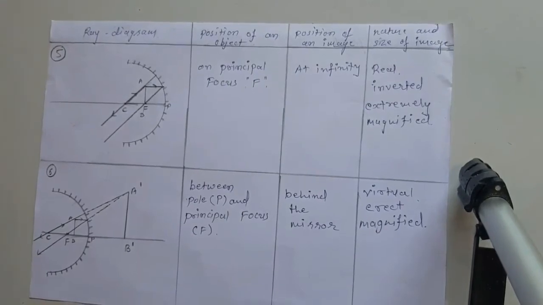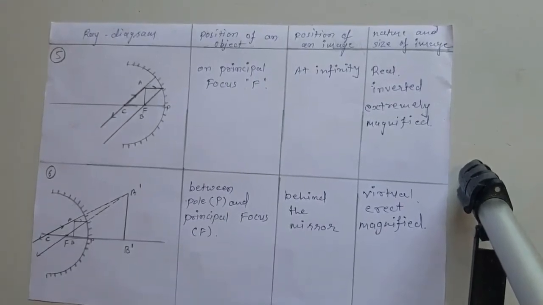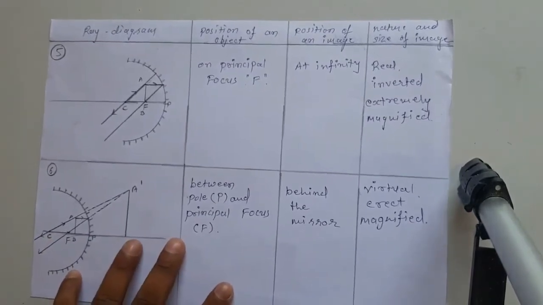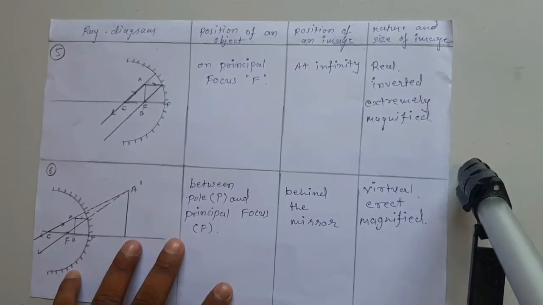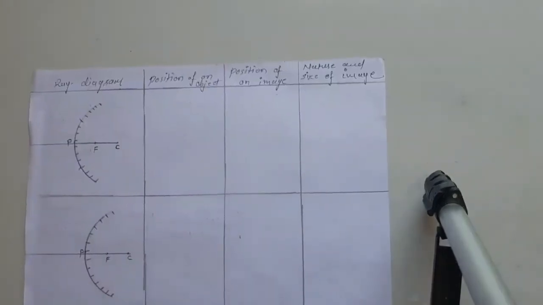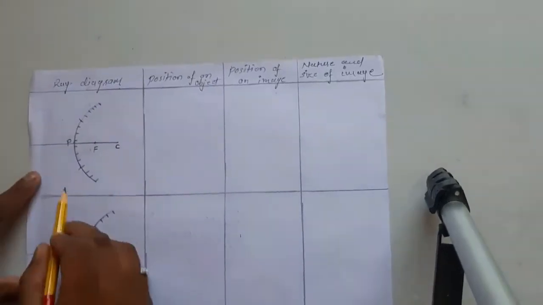Now we will study how image is formed in convex mirror. In convex mirror we will have only 2 cases, so let us go for it. Okay, now discuss image formation in convex mirror.